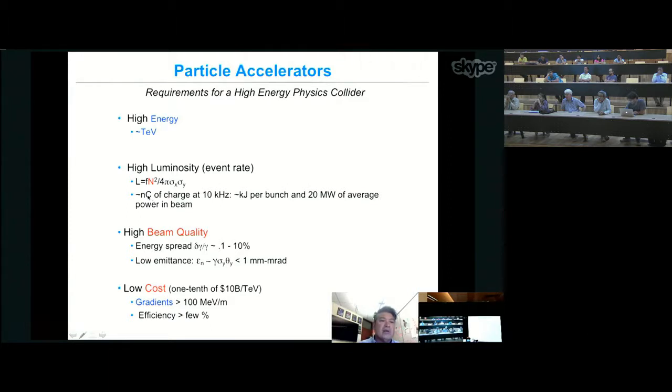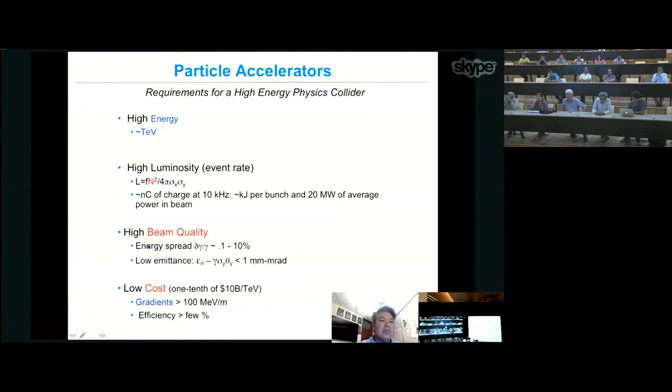When you work it out, you typically need nanocoulomb charge at 10 kilohertz, which means a kilojoule per bunch being collided, or 20 megawatts of average power in the output beams. Assuming some efficiency, that means you need 200 or more megawatts of average power. So the wall plug efficiency of your driver becomes very important.